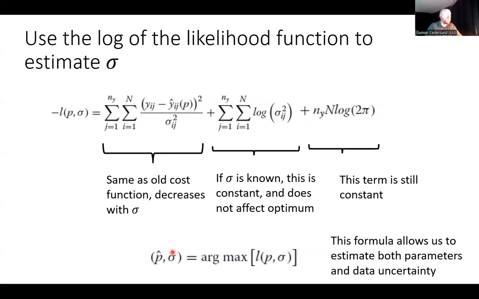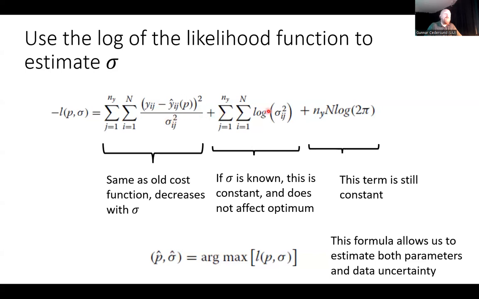So we can understand that before, the minimum cost function, which is the maximum of the likelihood, was given by just as big numbers as you can get for sigma, because then this will get smaller.